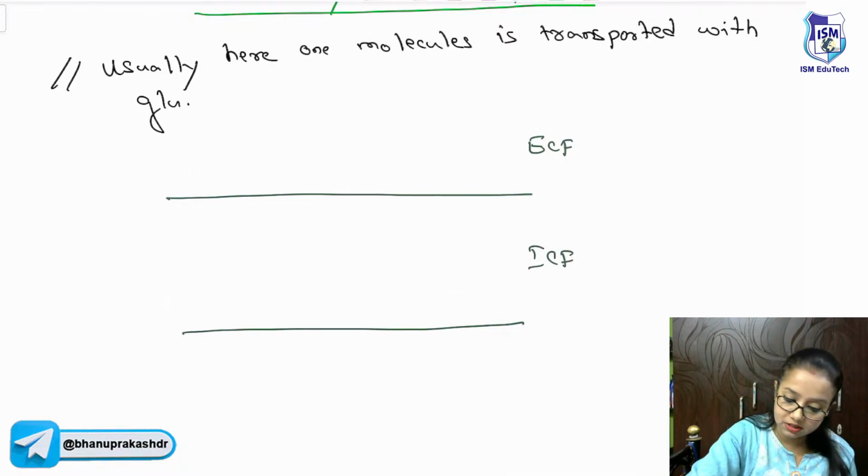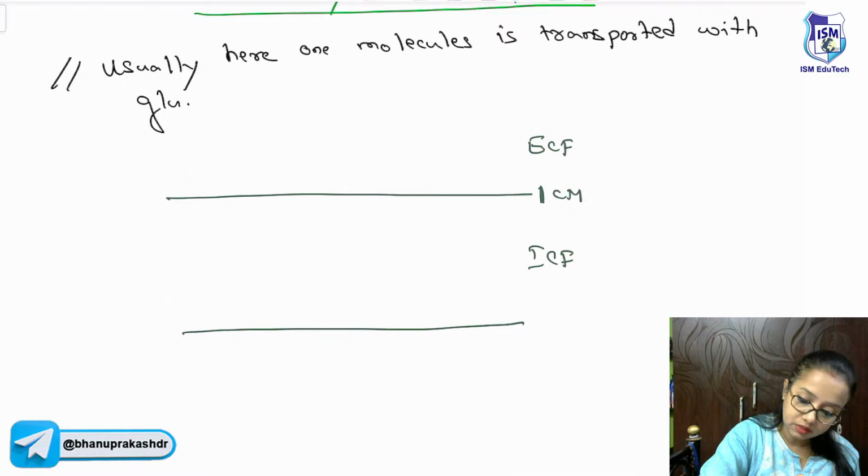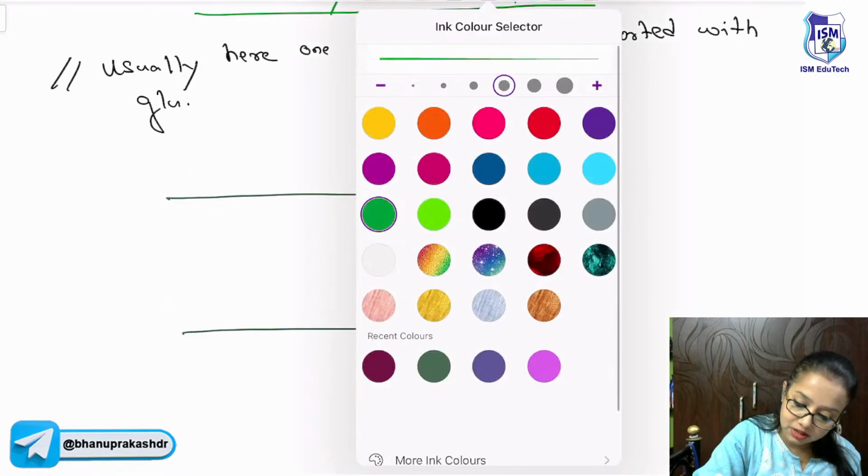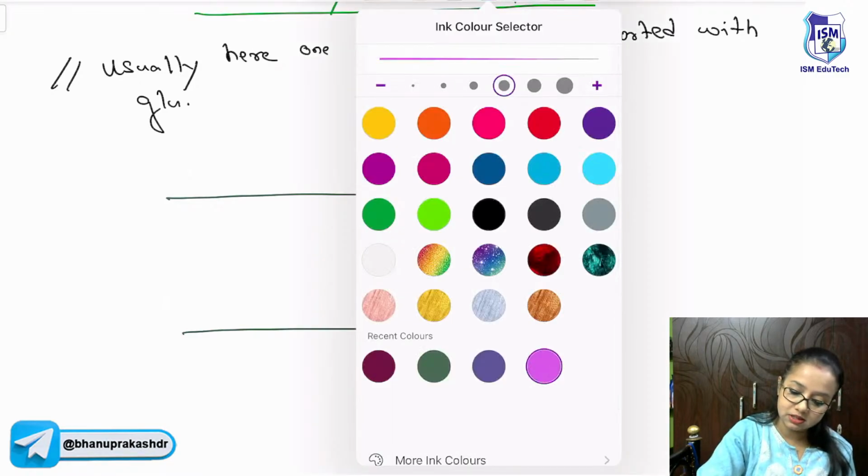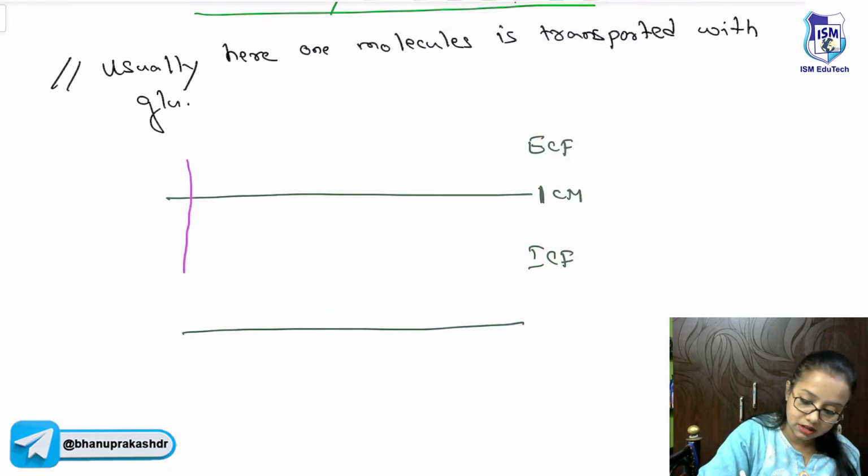This is the cell membrane, which I am just drawing in a single line, and say this is the ICF. So there are multiple substances. Some substances may get symported, or together they may enter the cell along with glucose.